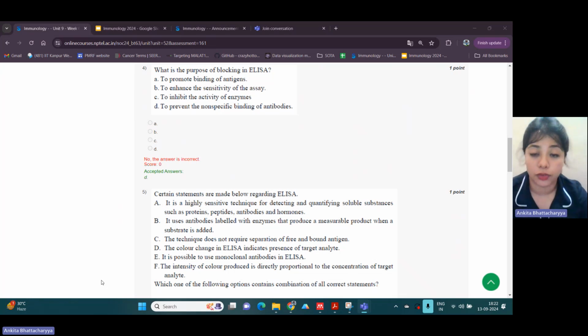So it blocks any or all of those sites. That might be too strong a statement. Let's call it most of the sites where any non-specific binding can occur. Beyond that, we can still expect some non-specific binding, because at the end of the day, it's an antibody and it will bind to any region which carries the sequence or the structure of the epitope which it is specific for.